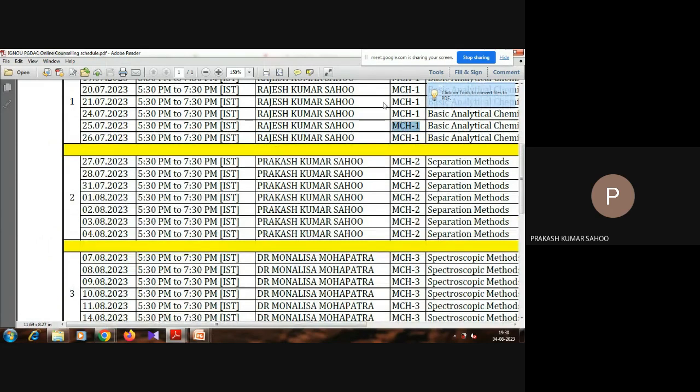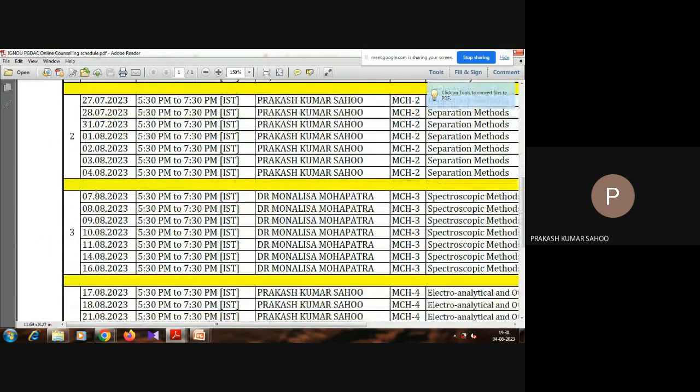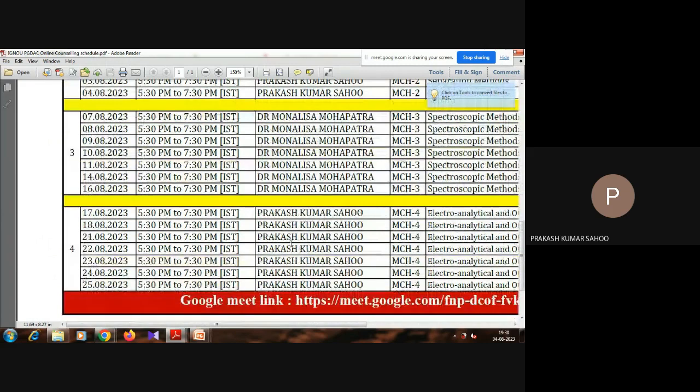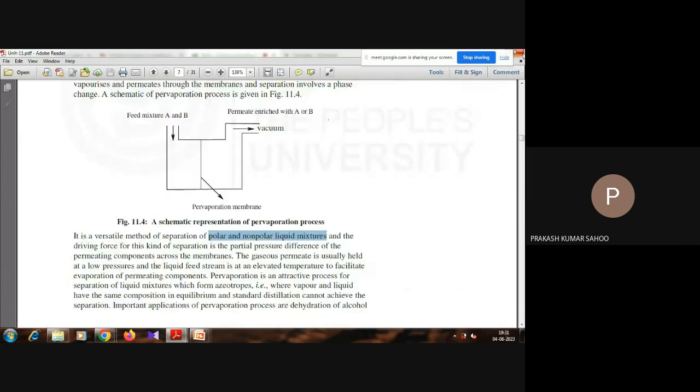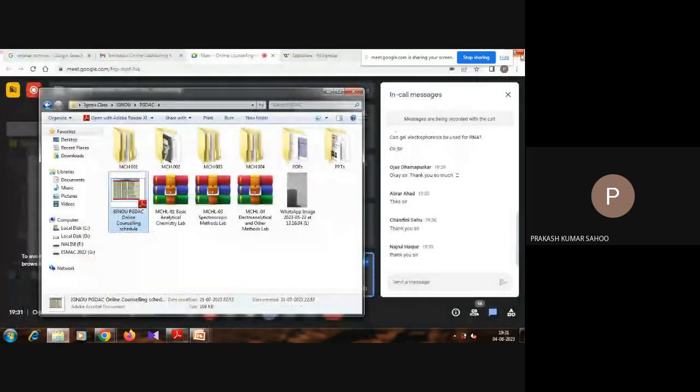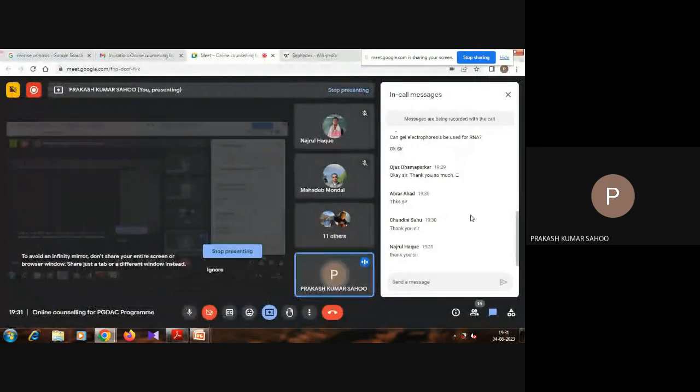His class will end by 16th of August, that is after Independence Day. Then the day after that we have the last part, electroanalytical techniques. These are very interesting topics related to electrochemistry and its application, with what we have studied in class 12 or at degree level.